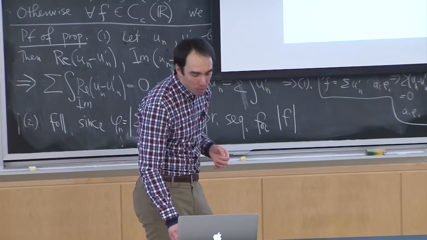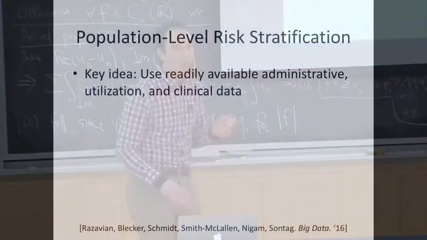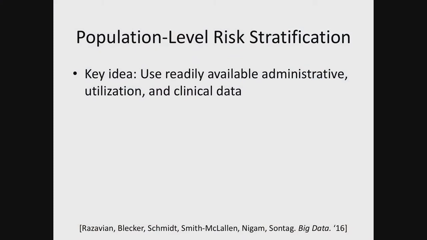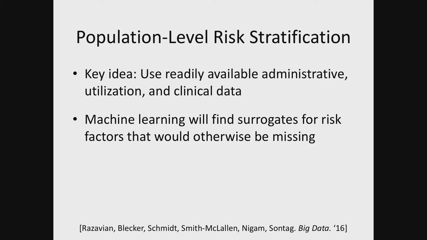So what we will be thinking through is, can we change the way in which risk stratification is done? Rather than it having to be something which is manually done when you think to do it, we can make it now population-wide. We could, for example, take data that's already available from a health insurance company, use machine learning. Maybe we don't have access to all of those features I showed you earlier.